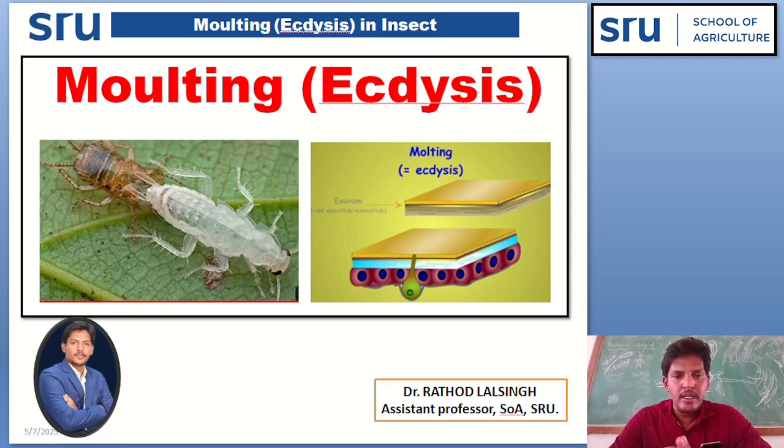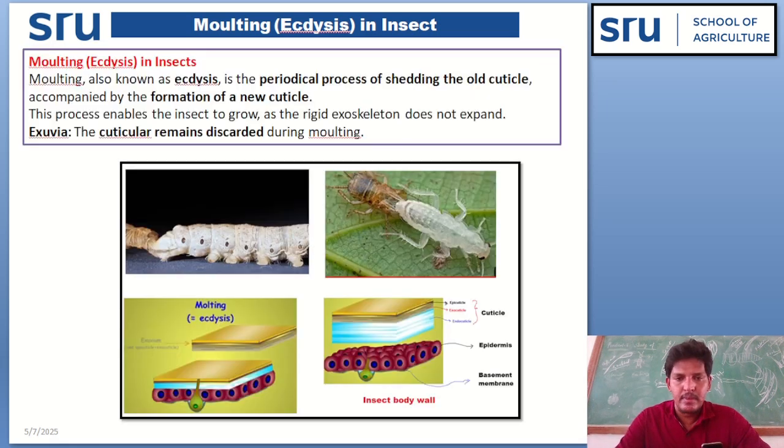In this session, we are discussing molting or ecdysis in insects. See here, this insect is shedding its old cuticle, and this is the remains of the old cuticle. Molting is also known as ecdysis.